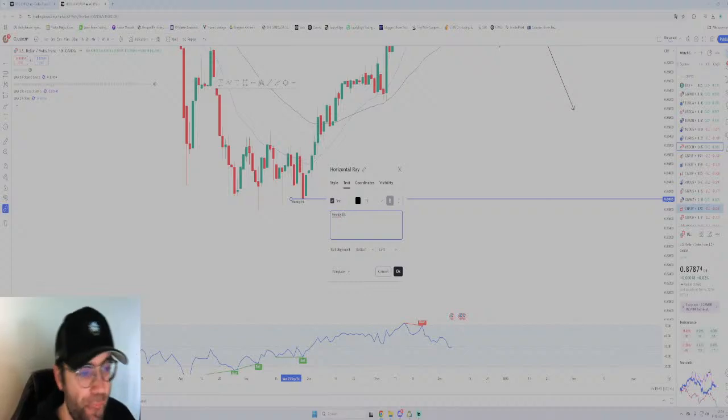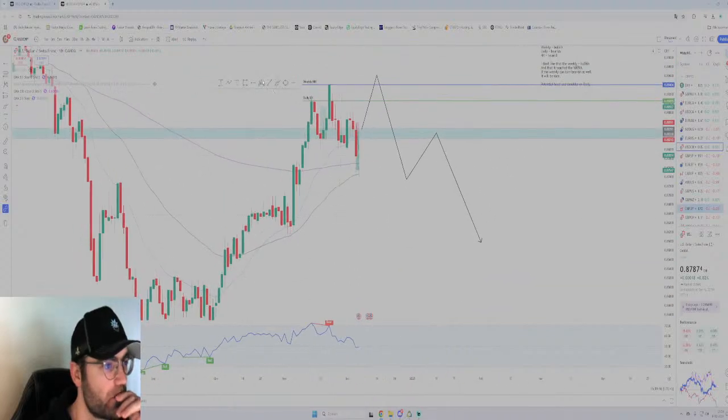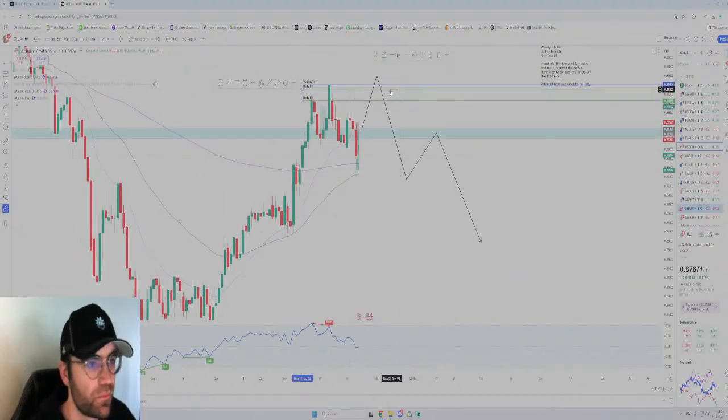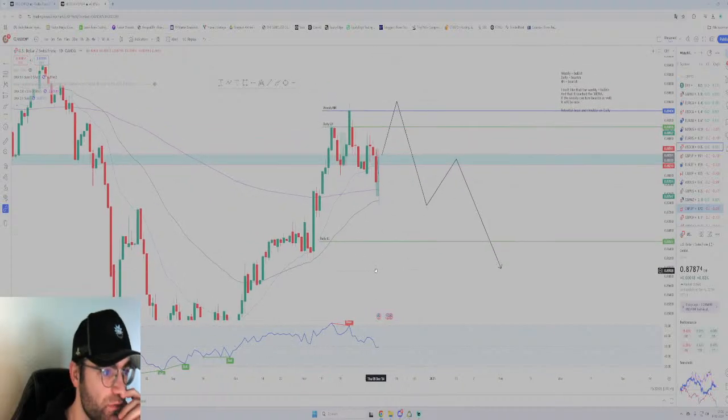Higher low. Let's see on the daily what's up. I think the daily turned bearish.